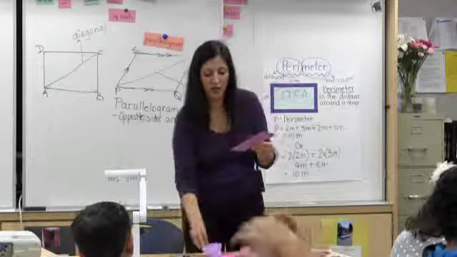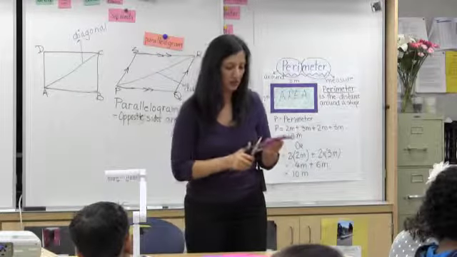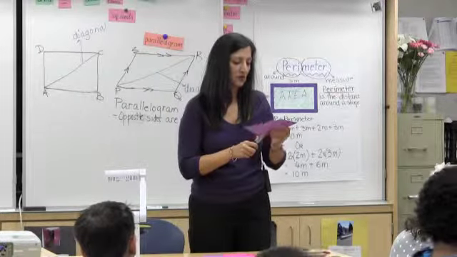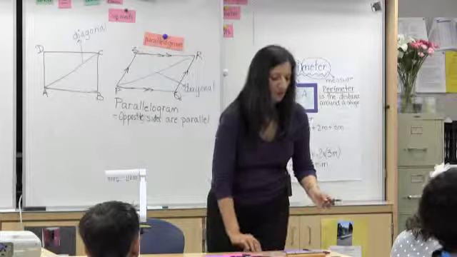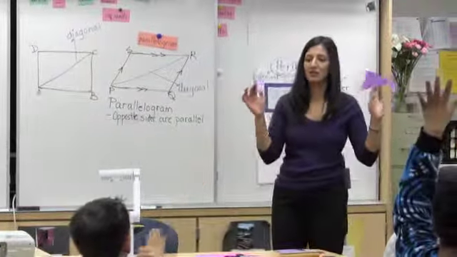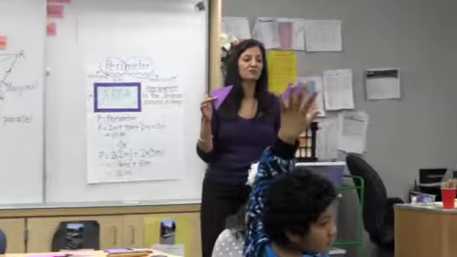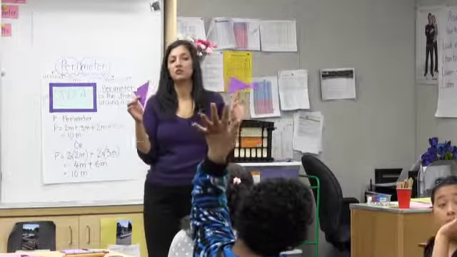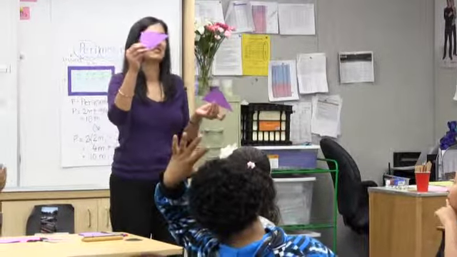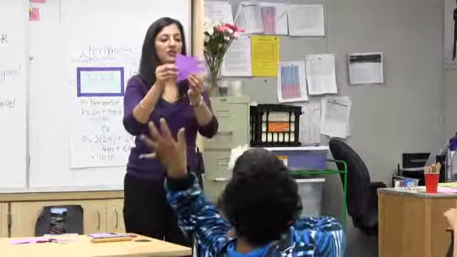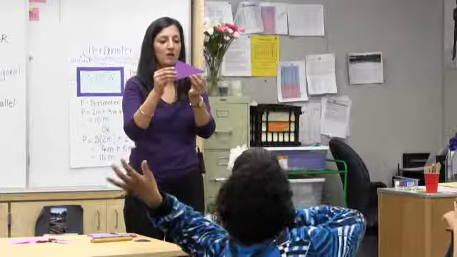Now let's see what happens when I cut this. What did I get? Raimundo? A congruent triangle? How do you know it's congruent? What shape is this? Let's try and see if they are congruent.